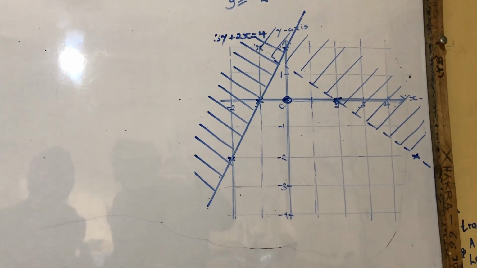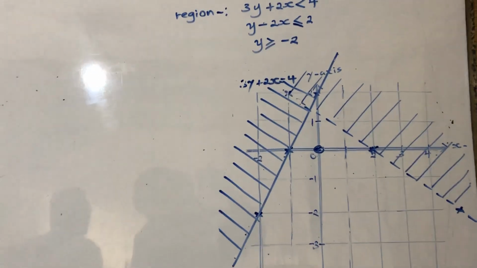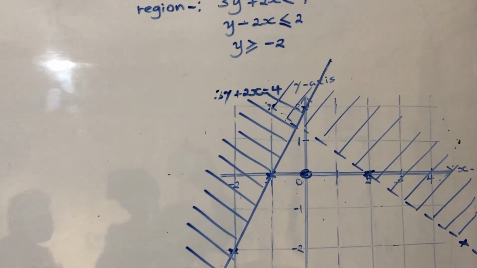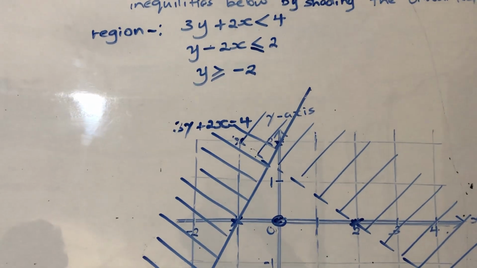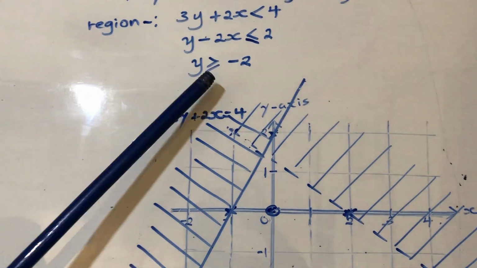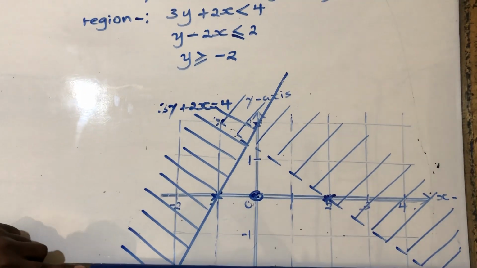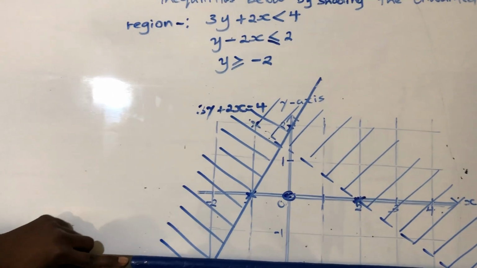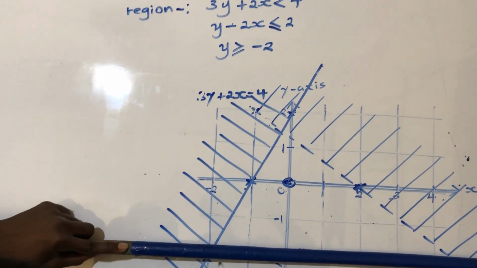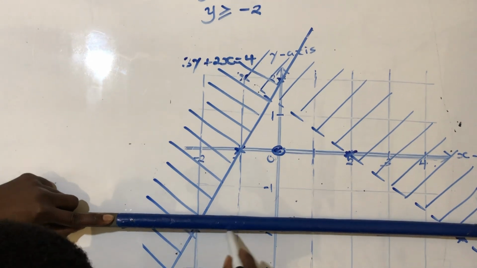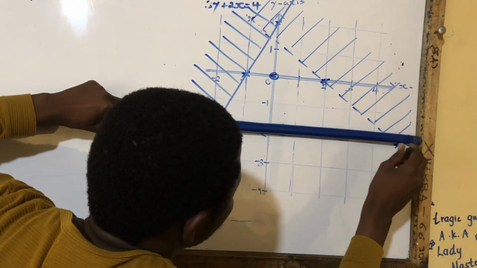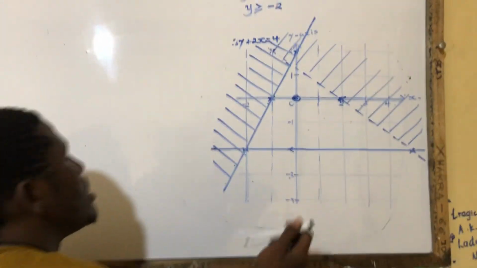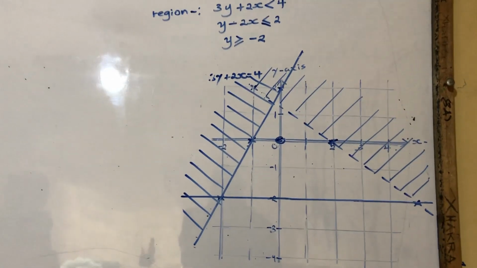All you are required to do is just to identify the line without necessarily doing a table. So where is the line y is equal to negative 2? The line y is equal to negative 2 is a horizontal line cutting the y-axis at negative 2.